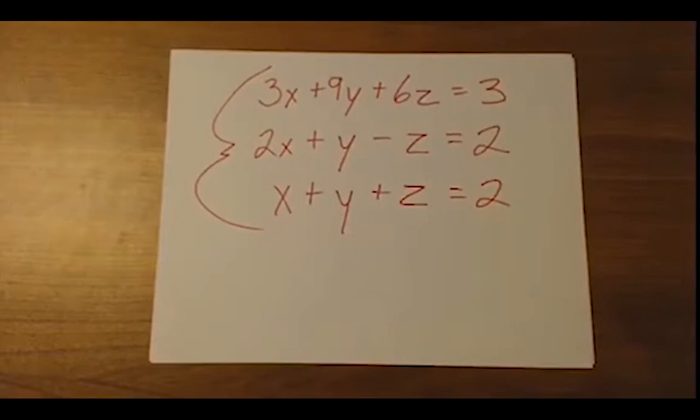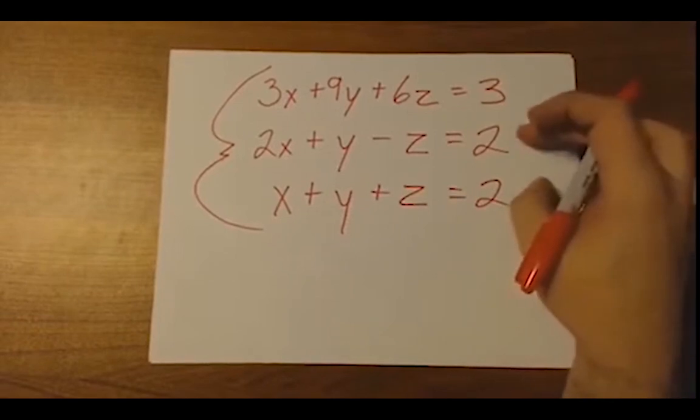And that will leave us with a new equation, not 2, one new equation that only has 2 variables. Then we're going to pick 2 more equations and eliminate that same variable. Create another equation that only has the 2 variables in it. And then we're going to solve that. We'll get 2 of our variables, we'll plug it into one of the equations and solve for the third. I hope you followed that. Now, let's go to work.